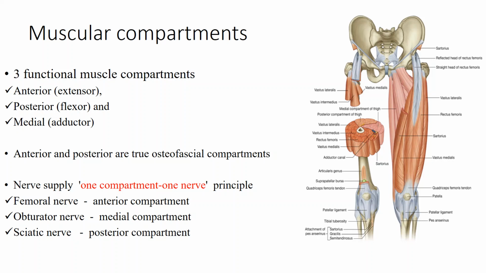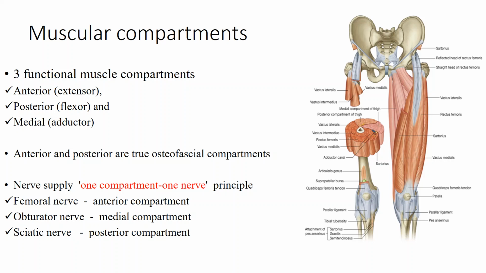Anterior and posterior are the two fascial compartments, and medial is related to the anterior compartment. These compartments are under the one compartment, one nerve principle. This is the principle that governs them.